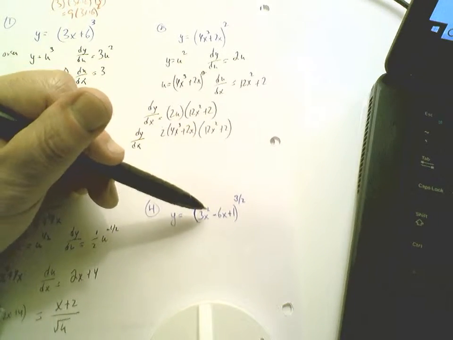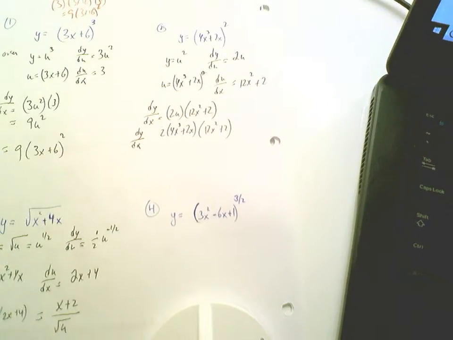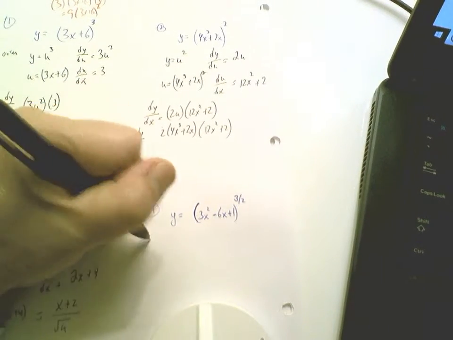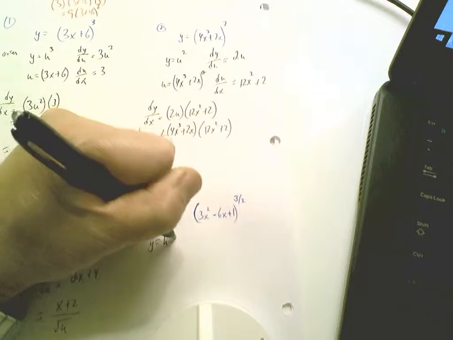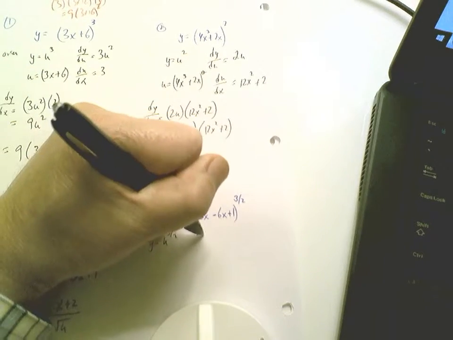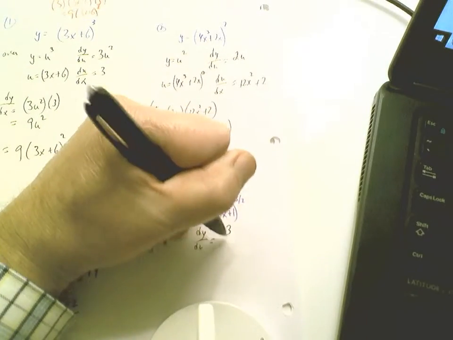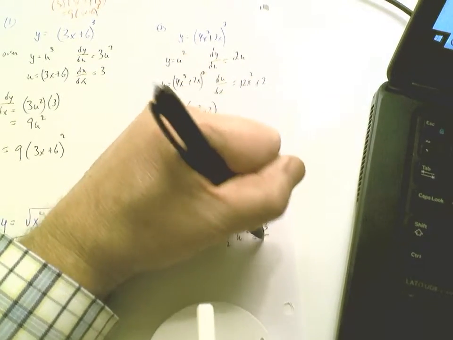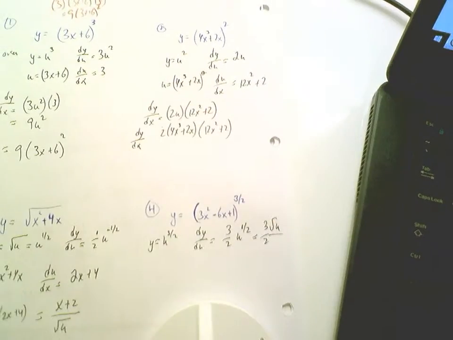3x squared minus 6x plus 1 raised to the 3/2 power. Outer function is u to the 3/2 power. Dy du equals 3/2 u to the 1/2, or 3 square root of u over 2.